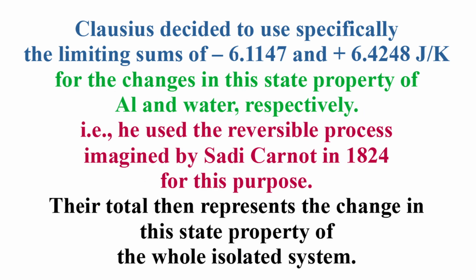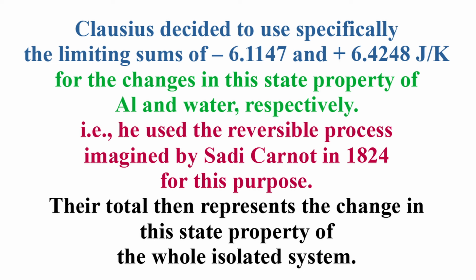He decided to use the limiting sums, namely negative 6.1147 joules per Kelvin and positive 6.4248 joules per Kelvin for the changes in this state property of aluminum and water respectively.